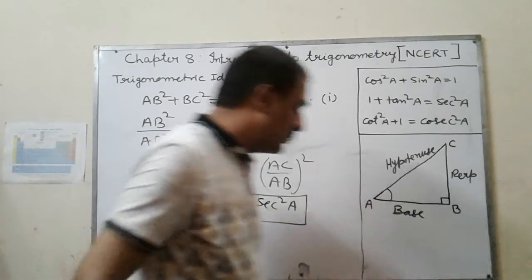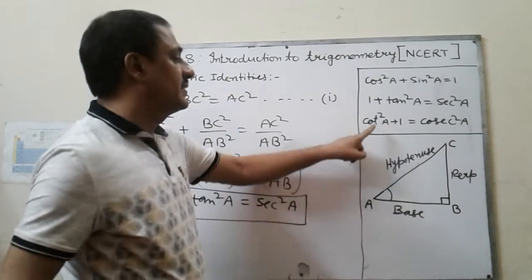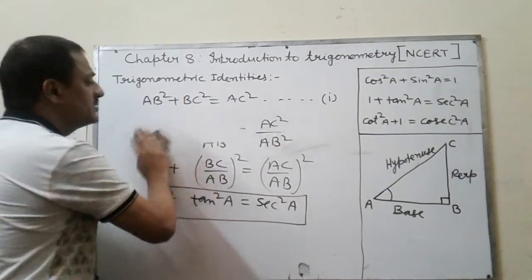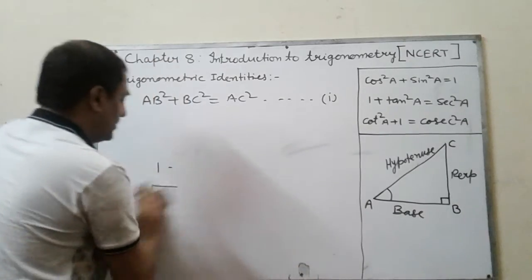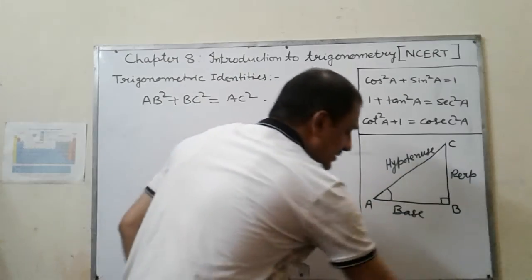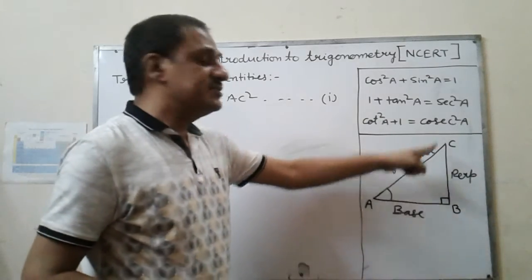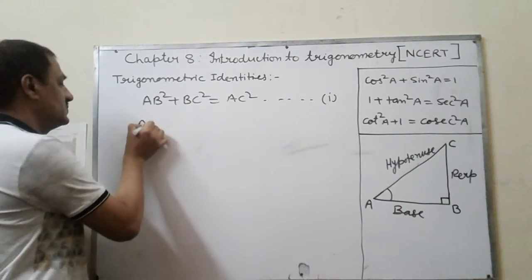Now I am going to give the proof of this identity. For this, I am going to divide each term of equation 1 by BC square.